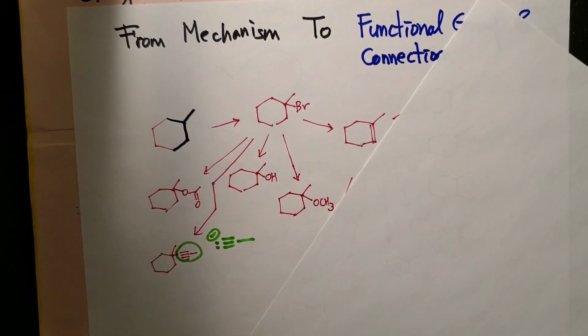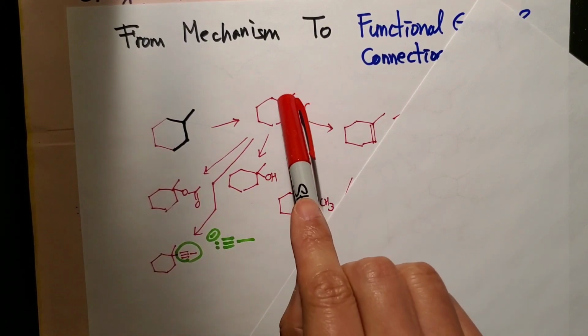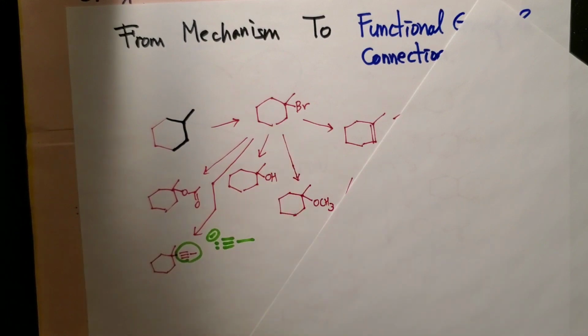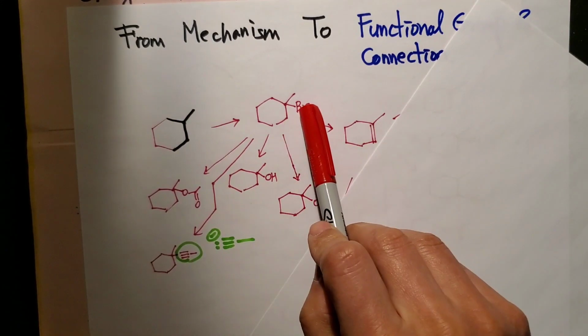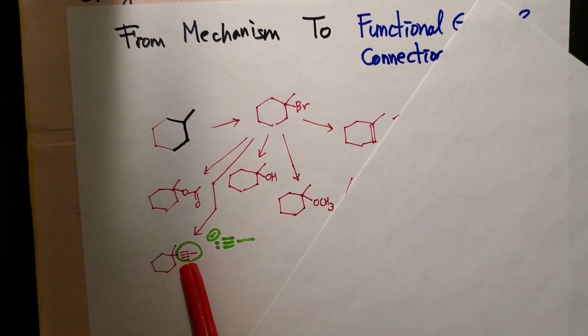We know that the yield for the substitution may not be great for this one, especially when you look at the substrate, it is a tertiary. So you have a chance to get a pretty low yield, but for the sake of the concept, you can put this there instead of the Br in substitution, and you're connecting the functional group alkyl halide to the alkyne.